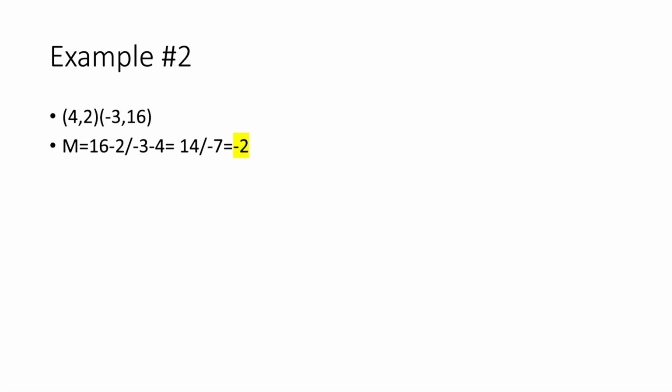Your first step is to plug in the ordered pairs, and after plugging them in, you should get 16 minus 2 over negative 3 minus 4, which equals 14 over negative 7. But that is not your final answer, because this can be simplified. After simplifying, you should get negative 2.